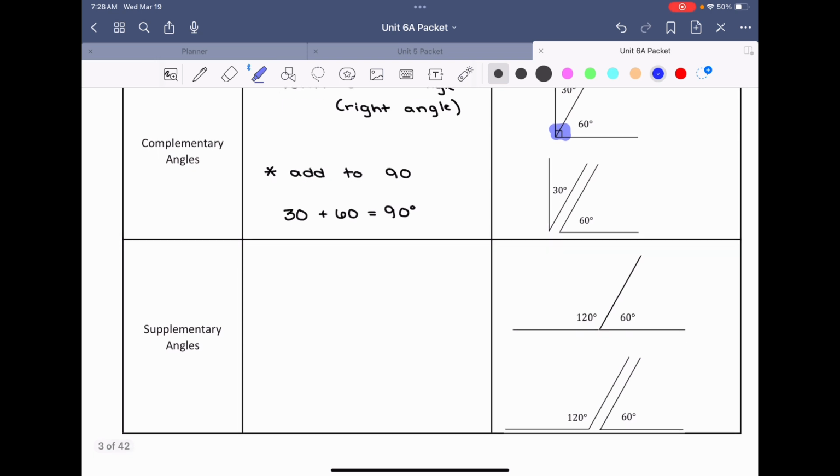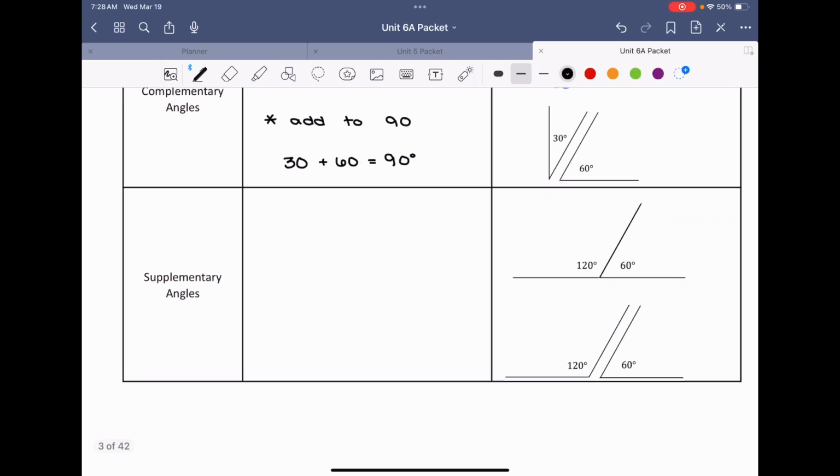And the very last one that we're going to take a look at is supplementary angles. Now, supplementary angles are actually the same exact thing as angles on a line. So they create a straight line. And they add to 180 degrees.